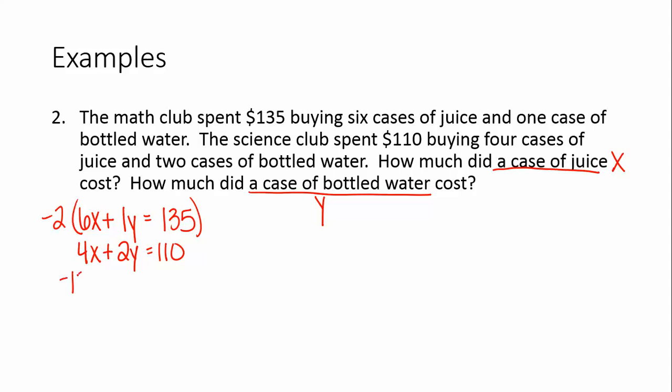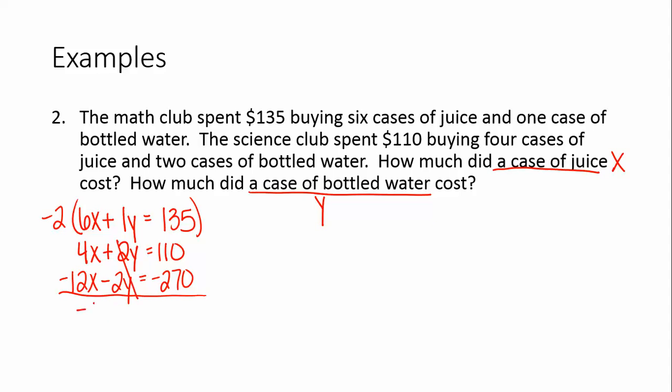So that gives me -12x minus 2y equals, we're going to take 135 times -2 to give us -270. And I'm not going to bother rewriting the second equation since they are still lined up. So the y's eliminate.